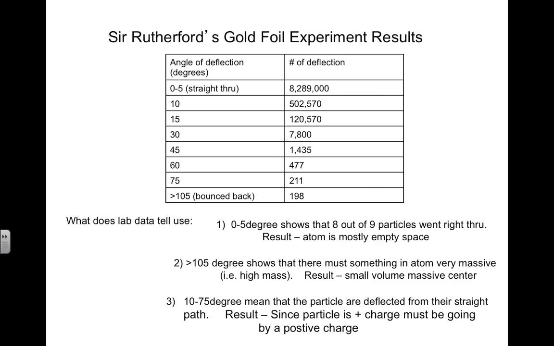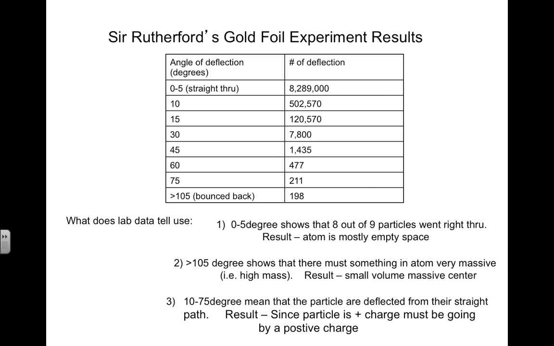Then if you look at the bottom, what he says is that there were some that actually bounced back, meaning it hit something, so it would have to go backwards. That changed his first result, which is that the atom was basically only empty space, because it actually hit something.